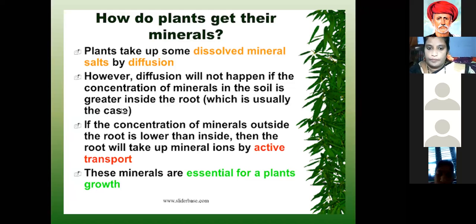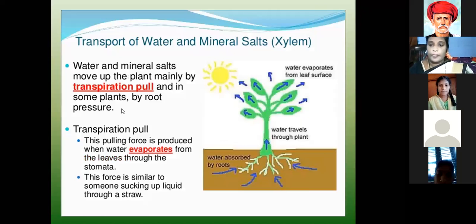Yes, madam. Okay. See, transport of water and mineral salt, ma. How will we transport? I already explained in the previous slide also. Water is absorbed by roots. It travels through the plant. In the leaves, when the sun rises, water evaporates from the leaf surfaces. This is one kind of process of transpiration.